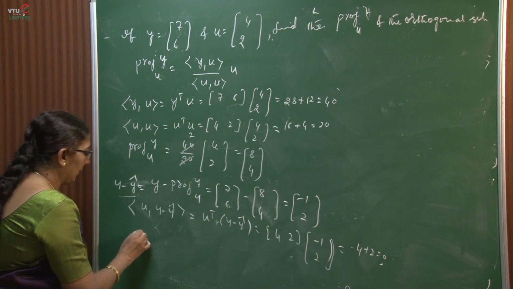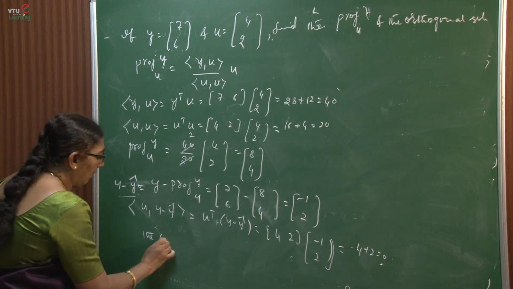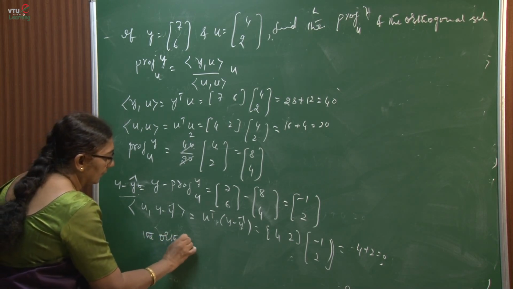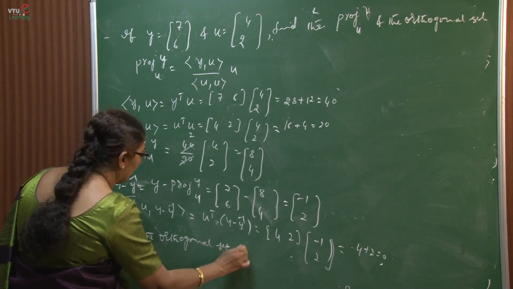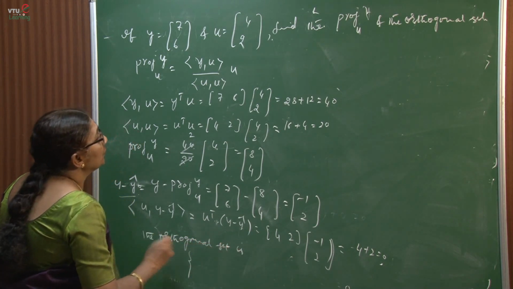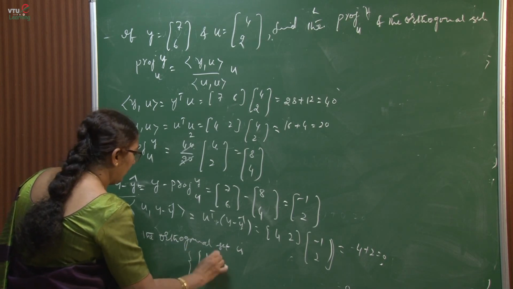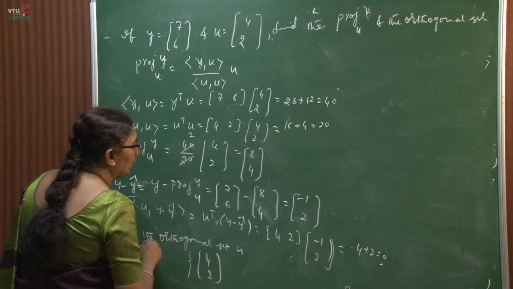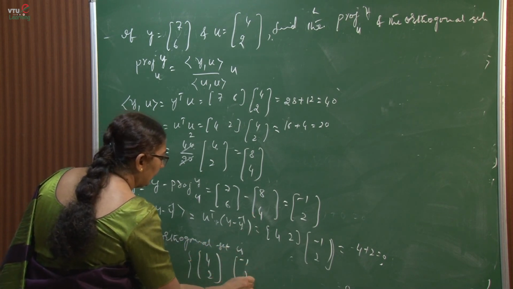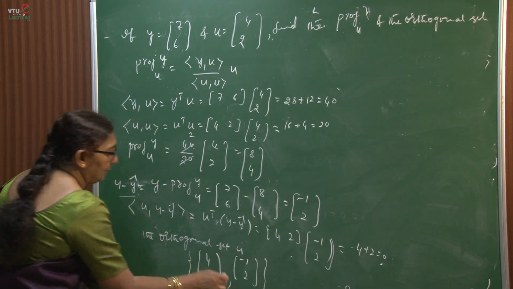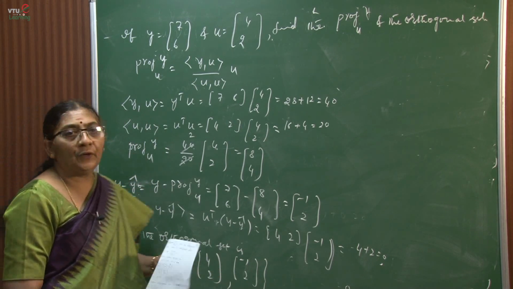Therefore, what is the orthogonal set? The orthogonal set is u, which is (4, 2), and y minus proj of y, which is (-1, 2). This is how I find the orthogonal set.